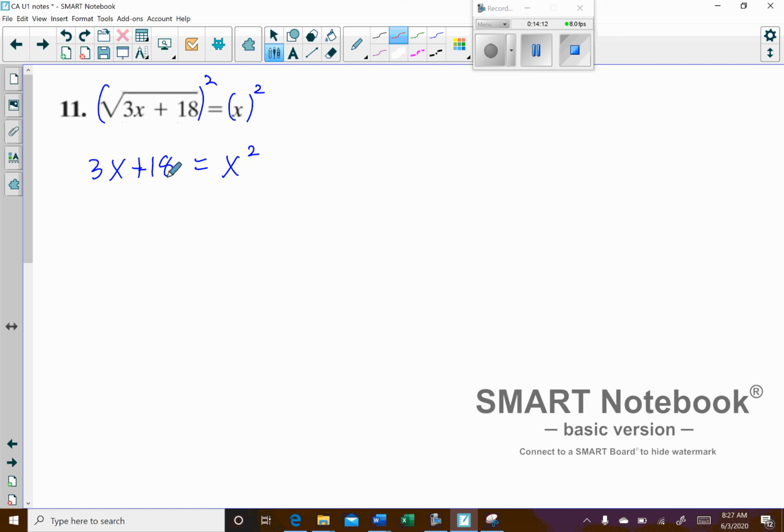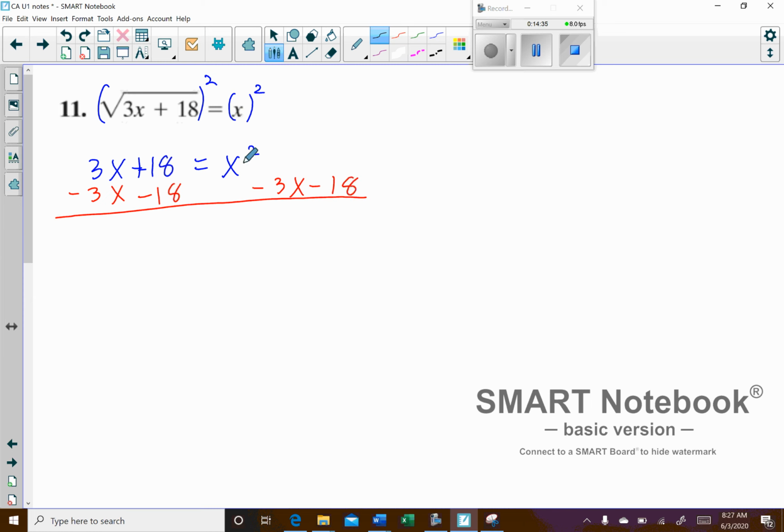A lot of times students will be like, oh, well, I'll subtract both sides by x squared. You can do that, but I prefer to try to keep this positive. So what I'm actually going to do is I'm going to subtract 3x and 18 from both sides so I can keep that leading coefficient positive.